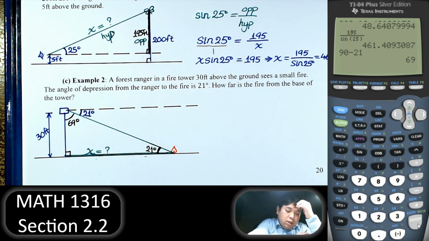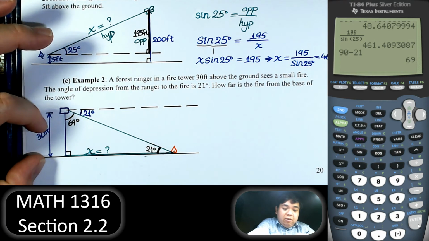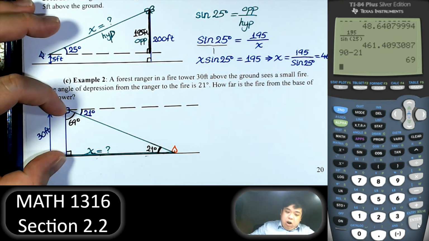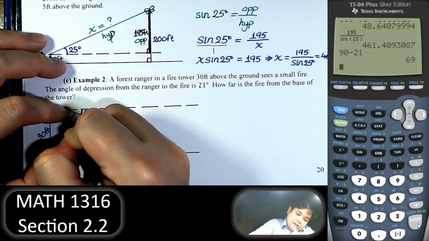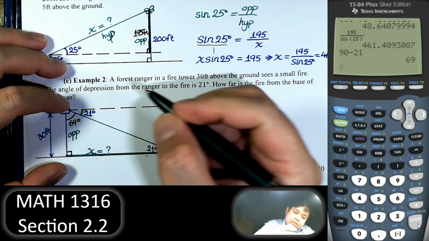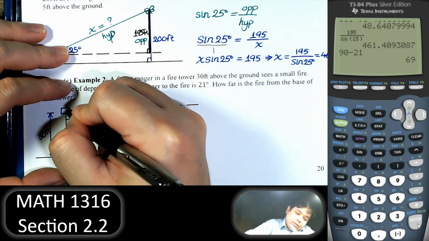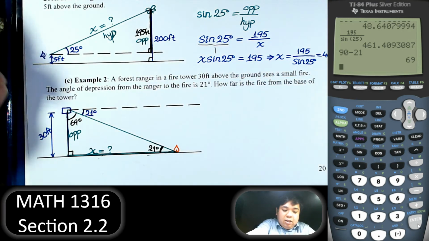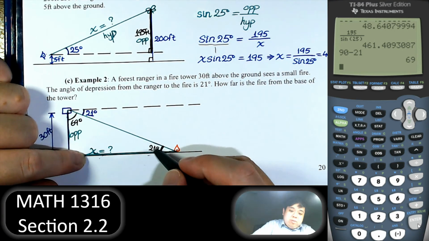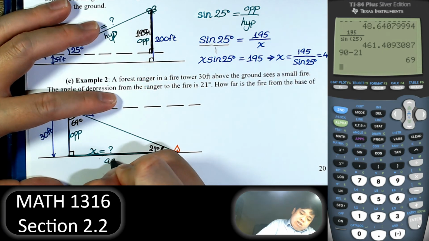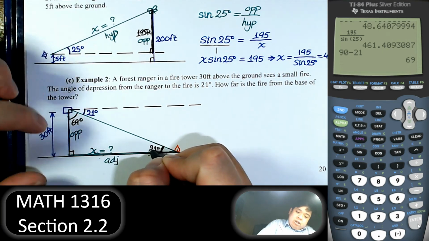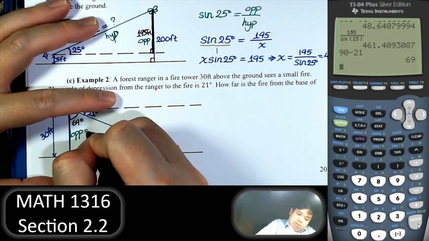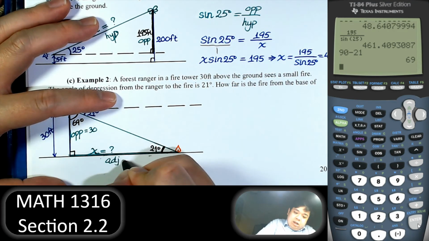Now, the 30 feet is here, which is opposite, and we know the opposite. With respect to 21 degrees, opposite is 30, adjacent we don't know.